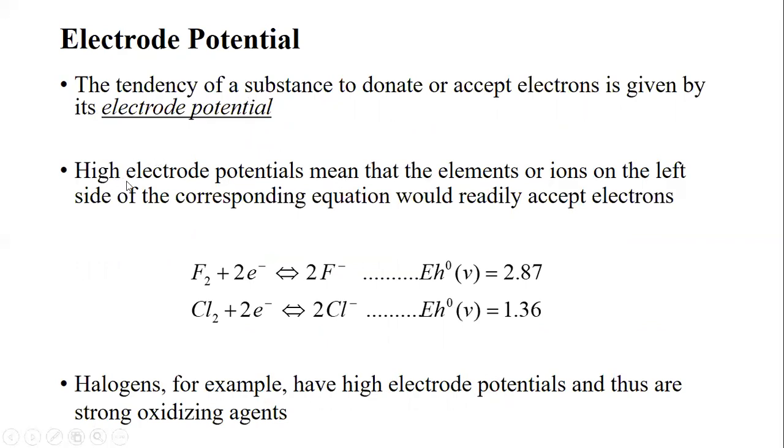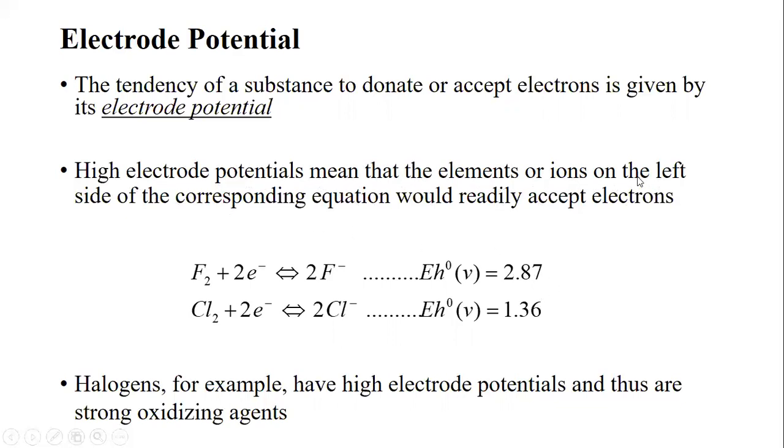Okay. High electrode potentials mean that the elements or ions on the left side of the corresponding equation would readily accept electrons. When you have high electrode potentials, we will see these numbers are high. What does it mean?